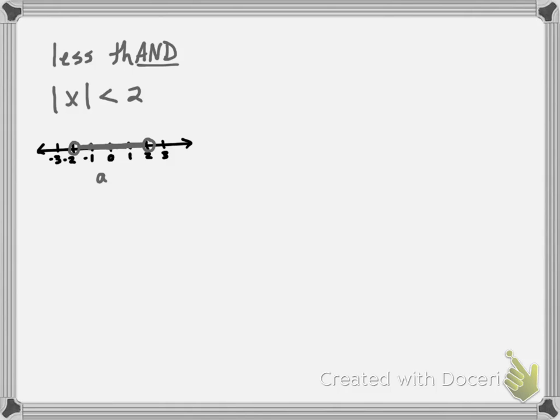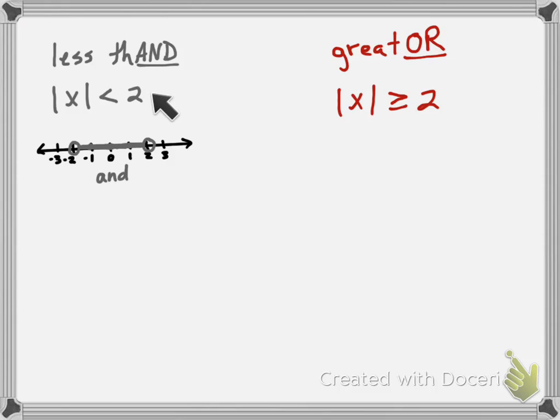And the counterexample of that is for greater. We have the absolute value of x is greater than or equal to 2. Now, the or equal to doesn't really do anything. I just wanted to remind us what it looked like on the graph. I've got my graph again.